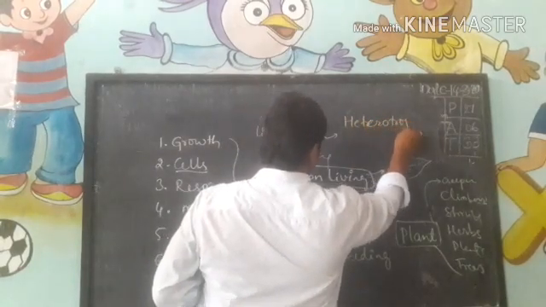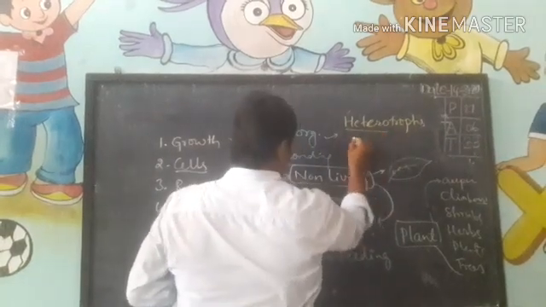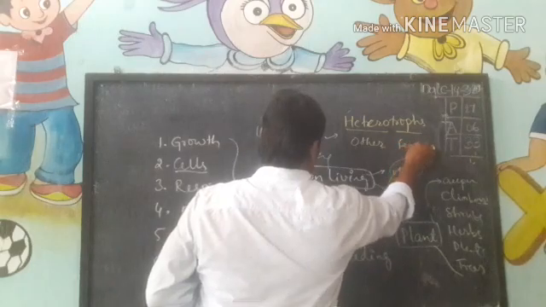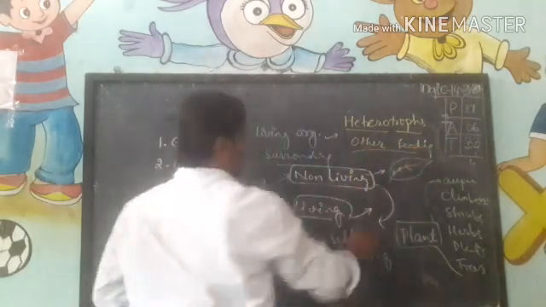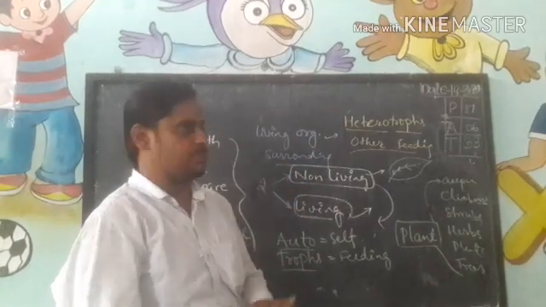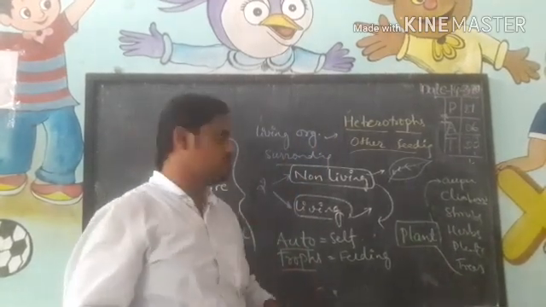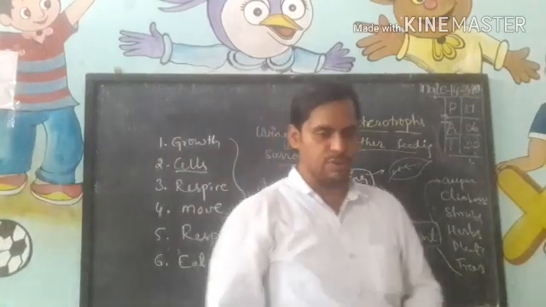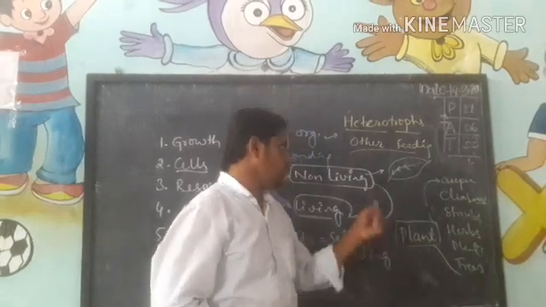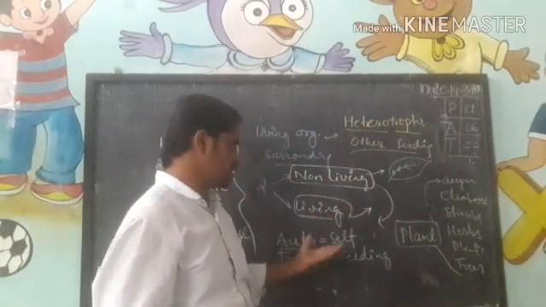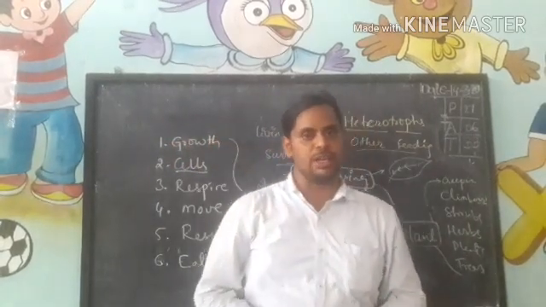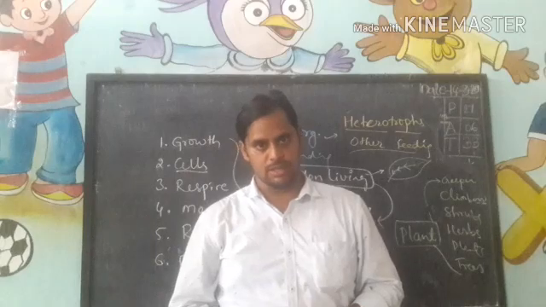Hetero means other, troph means feeding. So it gets fed by other animals or plants. They do not produce food themselves, so they depend upon others for food and nutrients. Heterotrophs include all animals, including human beings.